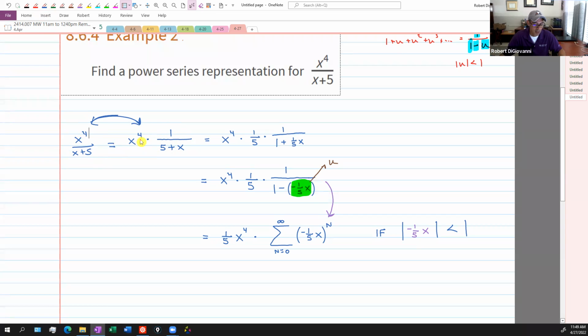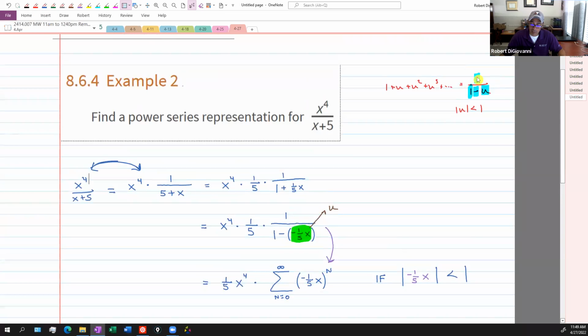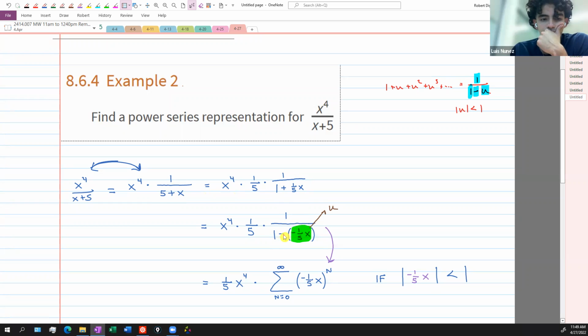I'm trying to make it look like 1 over 1 minus something. I have 1 over 5 plus something, so I pulled out a 5 on the bottom. Now I have 1 over 1 plus something. I'm getting closer. I need it to be 1 over 1 minus something, so I rewrote plus 1/5 x as minus negative 1/5 x.